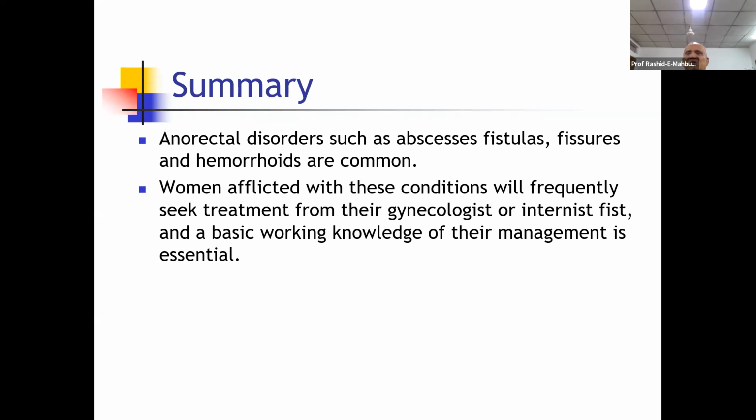In your setup, you have to find out these anorectal problems, what you can do, and where you can help to get better management. That will be your responsibility.